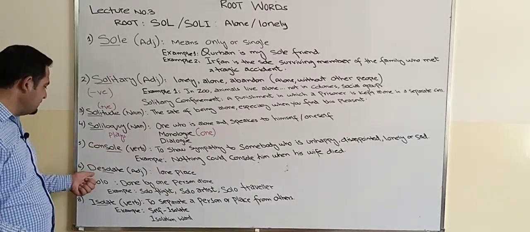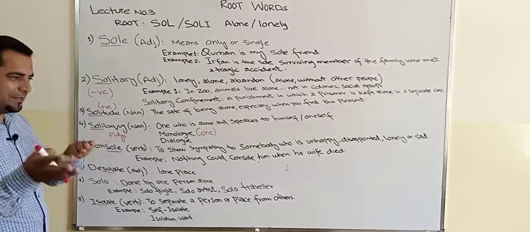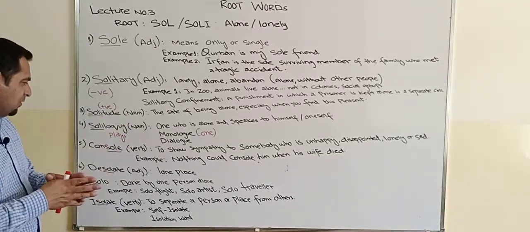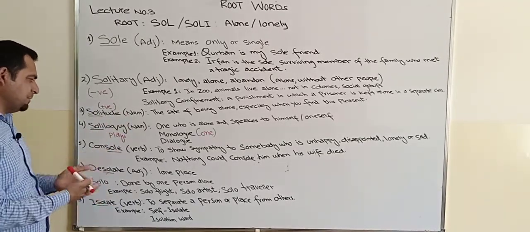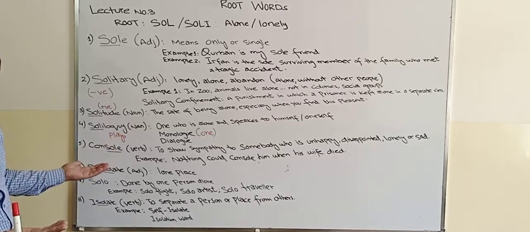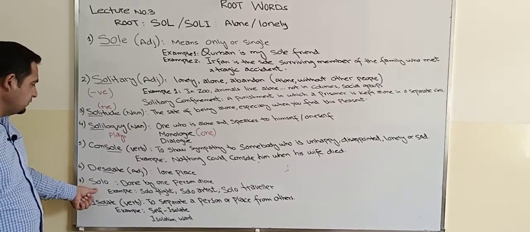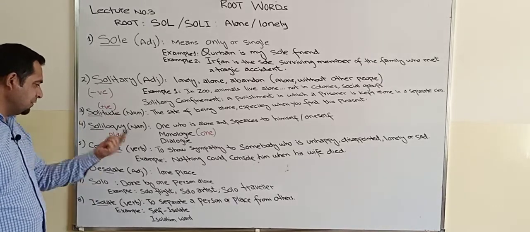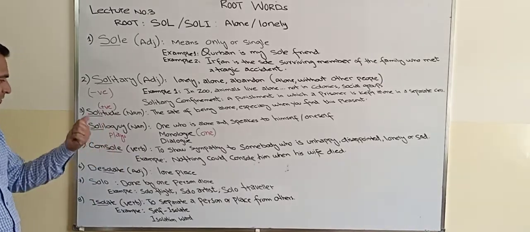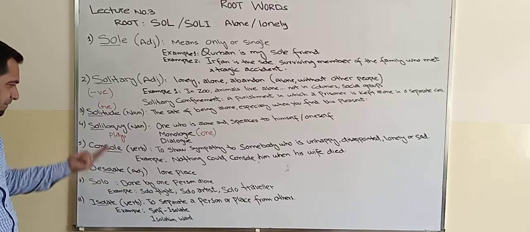Okay, and then desolate place, a deserted place, or a lone place, where there is no population around. And then solo, done by one: solo dancer, solo flight, solo artist, solo traveler, and so on.